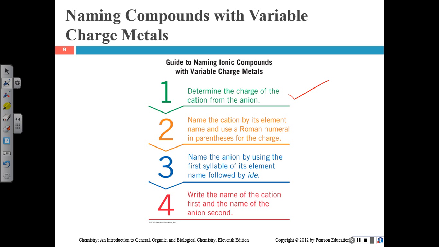So we did manganese, so it would be manganese 2. That's supposed to be a Roman numeral there. Then you name the anion by ending in IDE. And then step 4, you put it all together. I think we had fluorine there, so we would say manganese 2 fluoride.